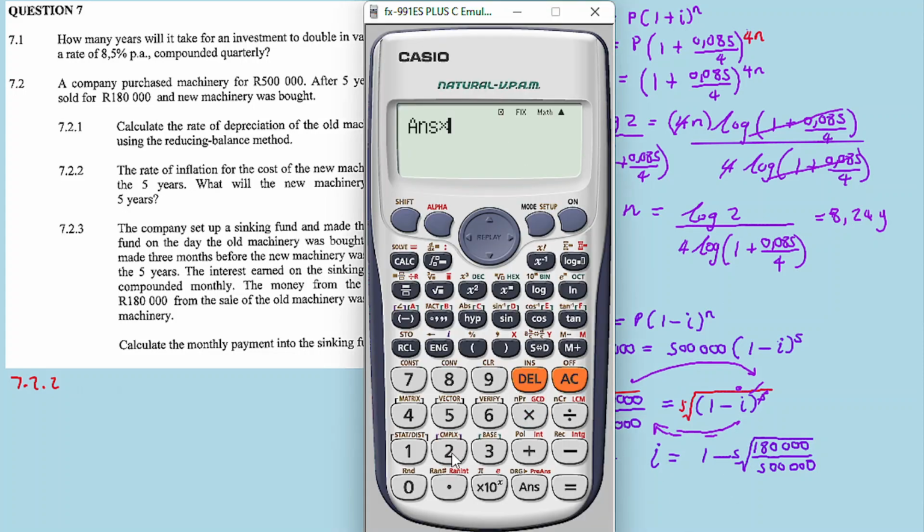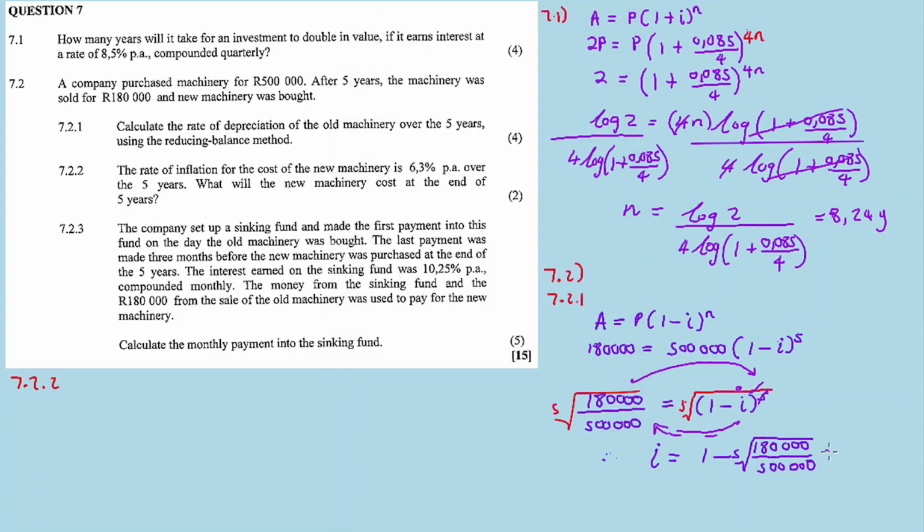So it's a good idea to round off to 4 decimal places, so that it comes out as 18.48, not as 18 only, when we round off to 2 decimal places. So our answer here is 18.48%. This is our answer for 7.2.1.